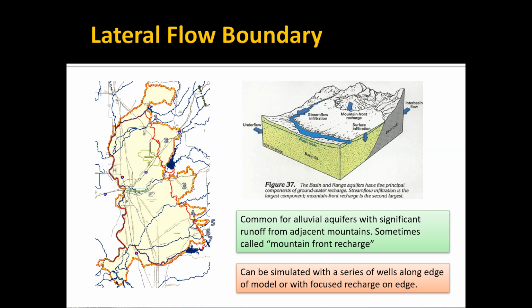And you could simulate this by selecting the cells along the edge of your model and putting in a well, a series of wells, where the total amount of water going into the wells represents the amount of water that you've decided you want to introduce. Or you could select those same cells and have a larger value of recharge coming through those cells. So either of those methods will get the right amount of water in.